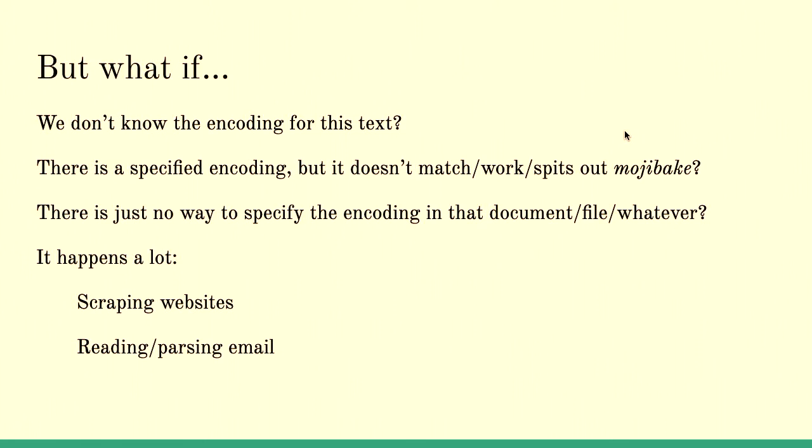So it's not an HTML document, it's not an email, it's something in the file system created by an application that just doesn't specify the encoding. It happens a lot, for example, in scraping websites, or in reading or parsing email. When you open attachments that don't specify what encoding they use, well, we have to guess.